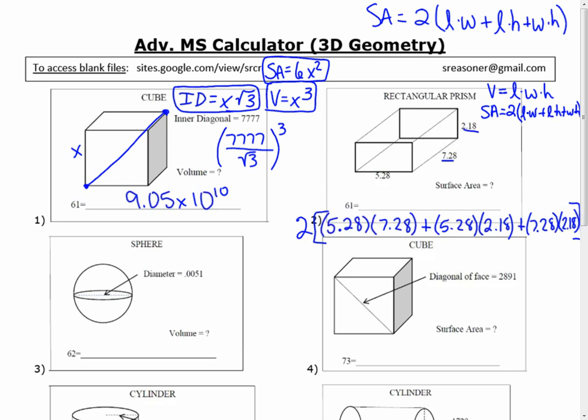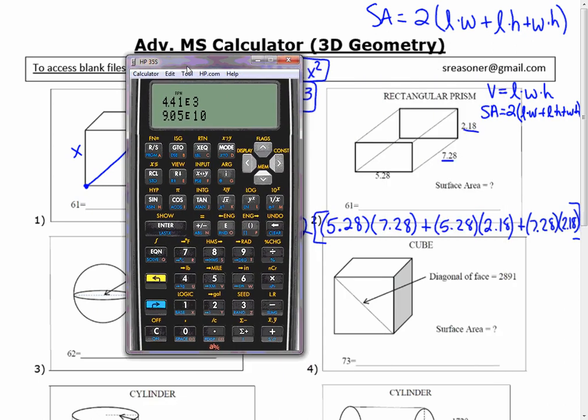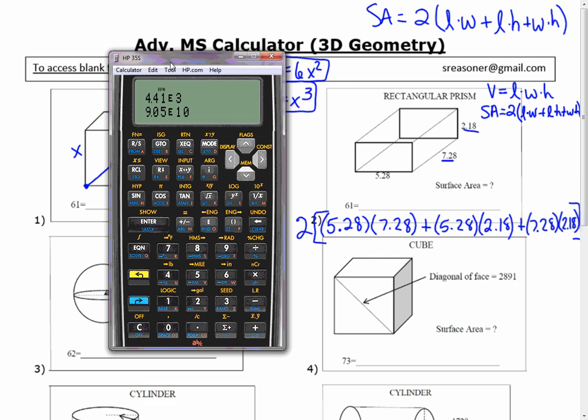So if we're putting that into our HP calculator, I would start with what's inside the brackets. I would start with the 5.28, enter, 7.28 times. Then move on to your next set, 5.28, enter, 2.18 times.